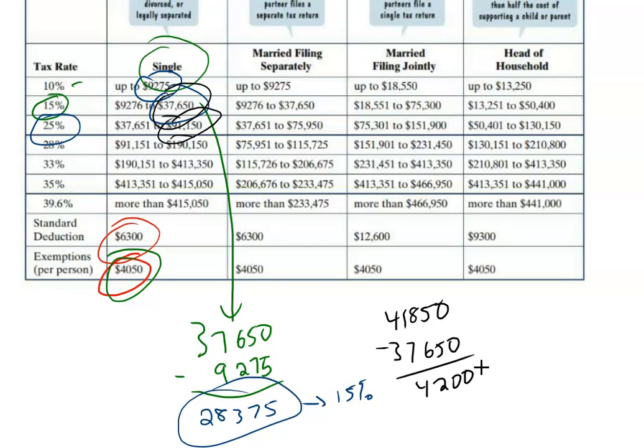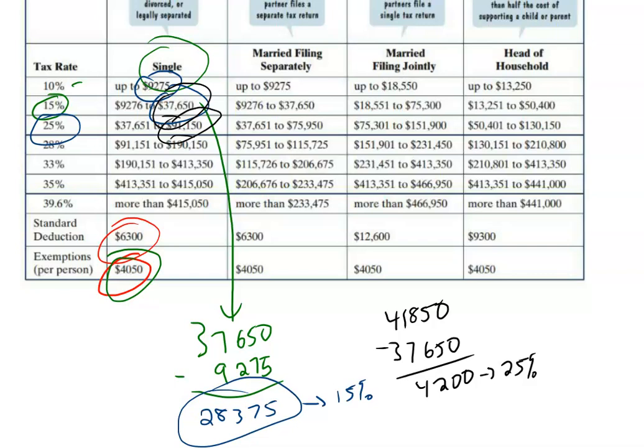She didn't have that much more money beyond the $37,650, only $4,200. The rest of her income, which is that $4,200, is getting taxed at 25%. Right, so we stop at the limit of their overall taxable income.